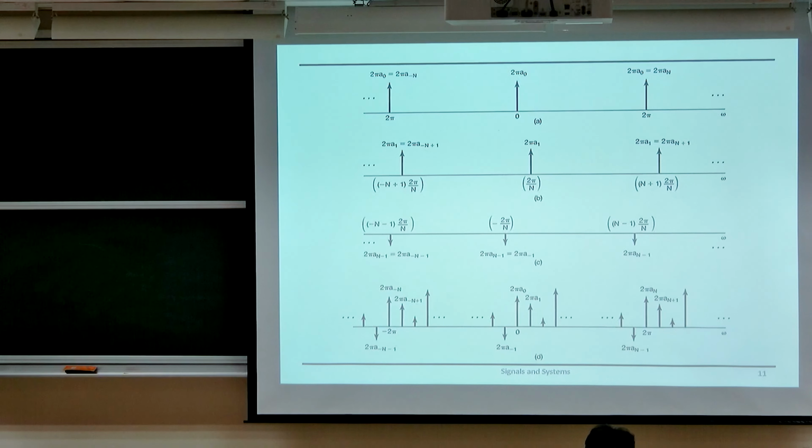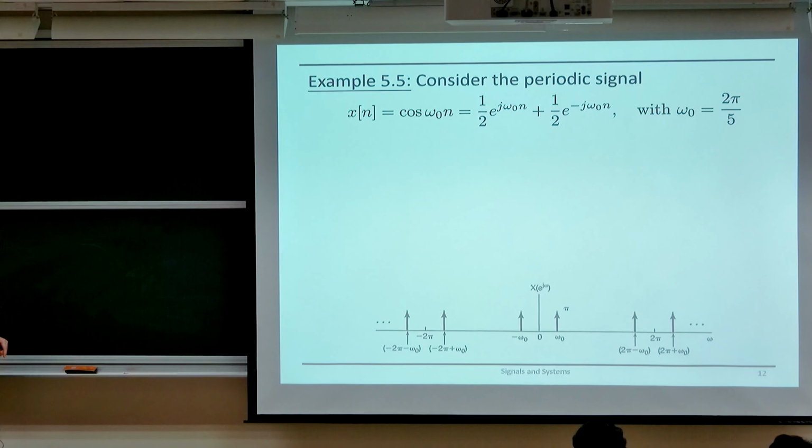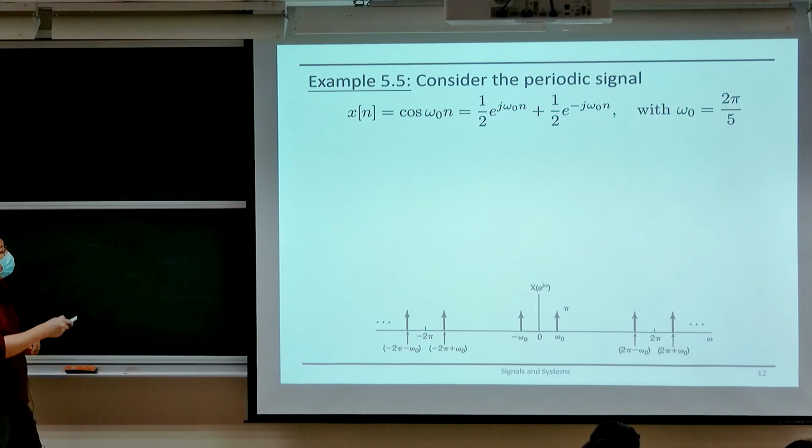All right. Now let's look at a simple example. This is the example of a cosine function. This cosine omega naught n is, by Euler's relation, just 1/2 e^(j omega naught n) plus 1/2 e^(minus j omega naught n), where omega naught is 2 pi over 5.